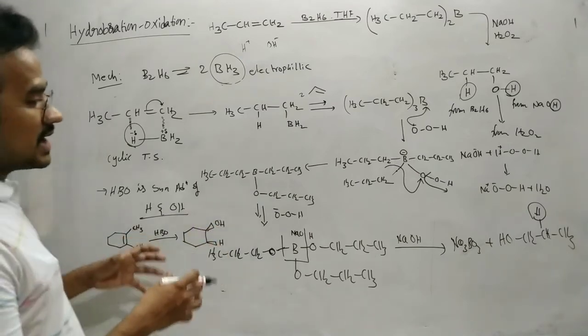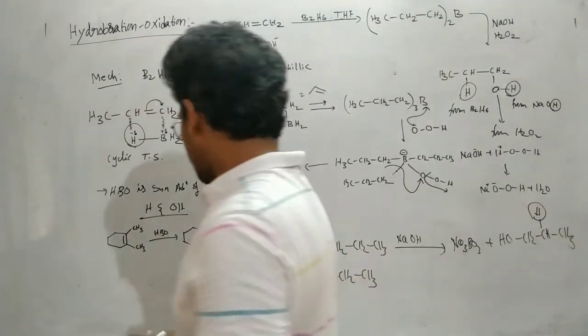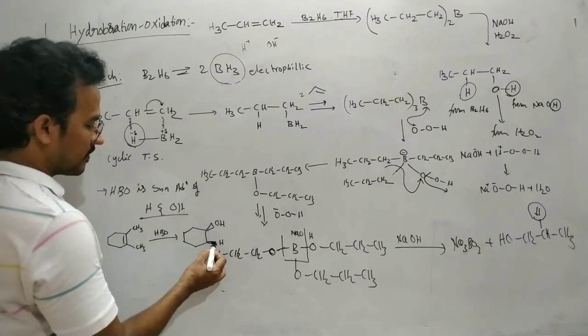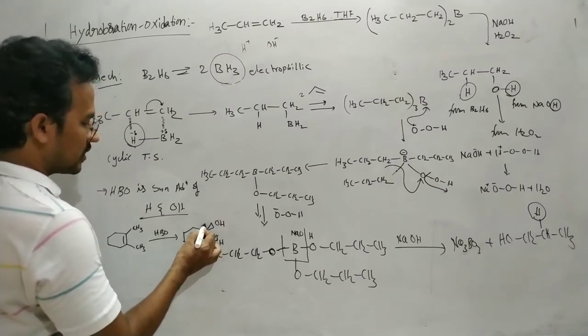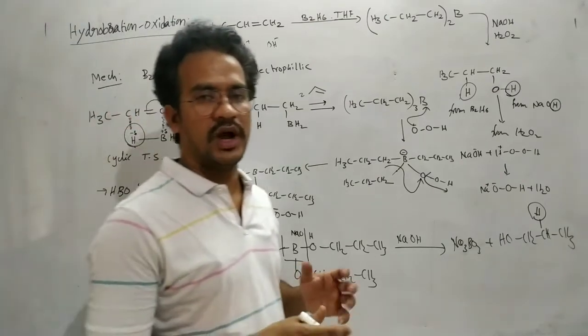The finally added groups are OH and hydrogen, so OH and hydrogen are present on the same side, which means nothing but the cis isomer. Next, the remaining methyl group is below the plane. It is syn addition of water, H and OH.